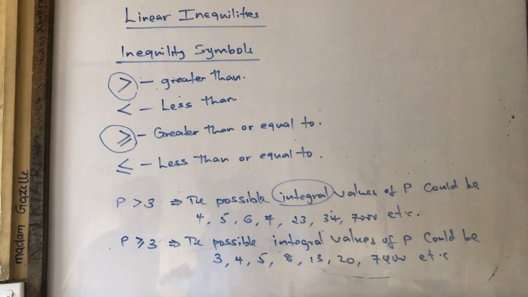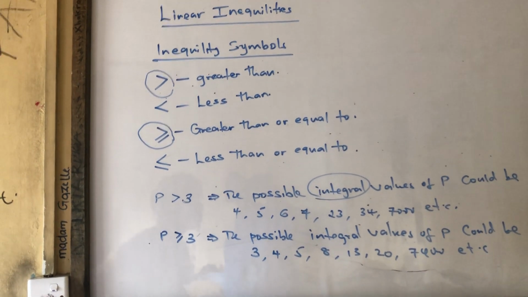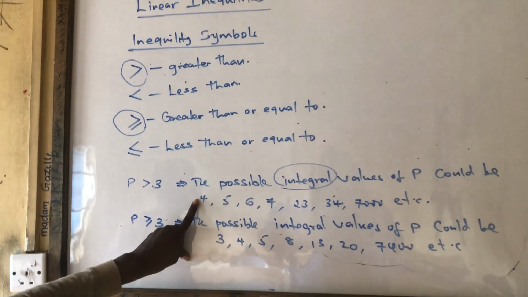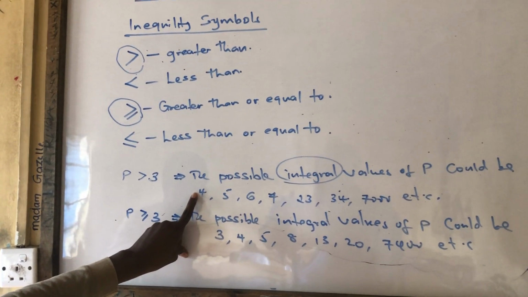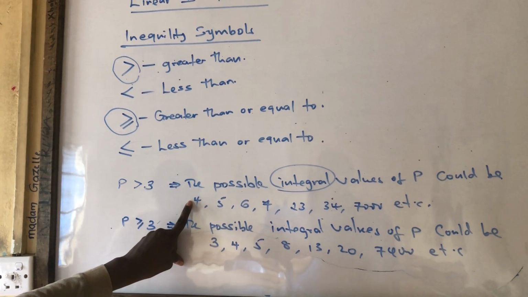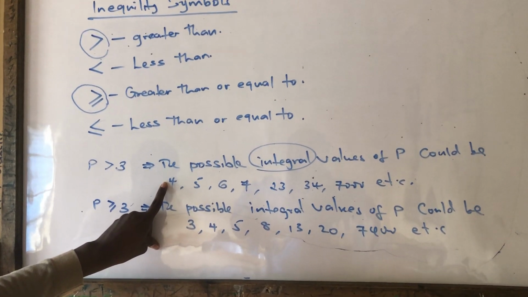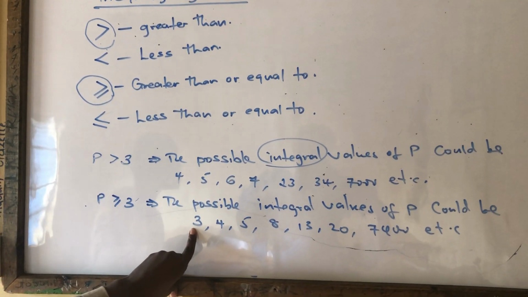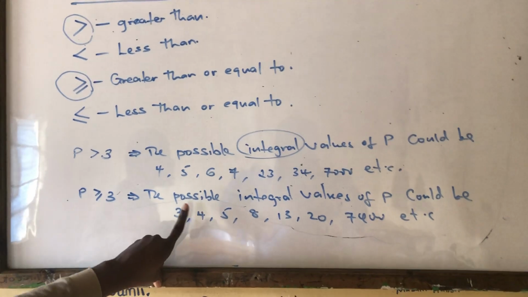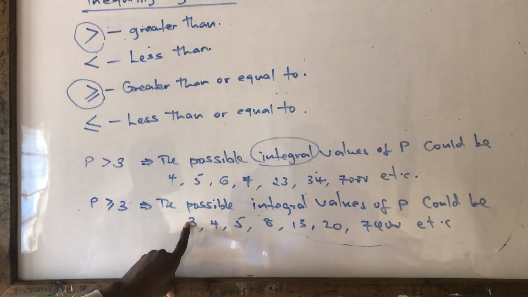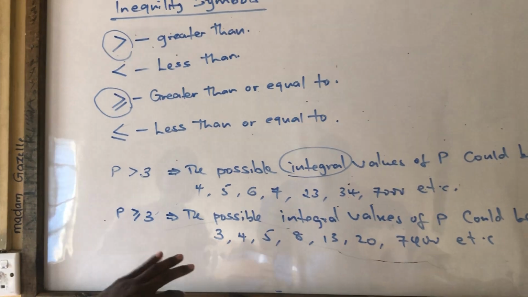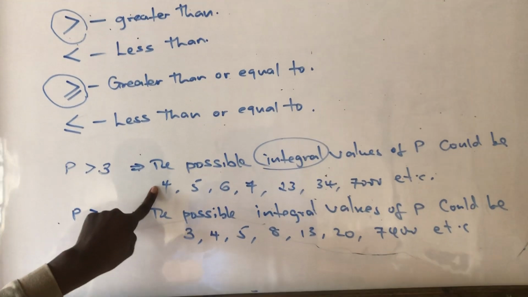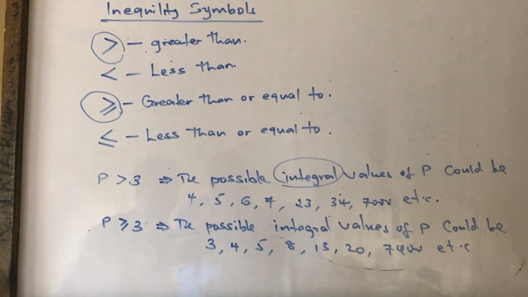If you're keen enough, you should have noticed that for the first one, the 3 wasn't considered as one of the possible values of P. But for the second one, the very first possible value of P becomes the 3 itself. The question should be, why am I allowed to include the 3 here, but for this one here, we are not allowed to include the 3?